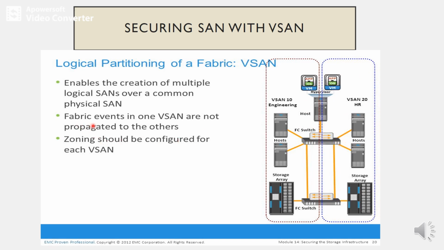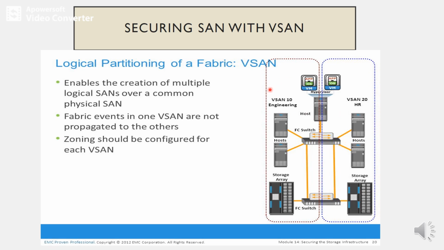Fabric events in one vSAN are not propagated to the other one. So this is one entire restricted zone, and this is one more zone. The fabric or the data cannot be propagated between the zones. Zoning should be configured for each vSAN, so the entire zoning configuration must be done for vSAN 10 as well as vSAN 20.